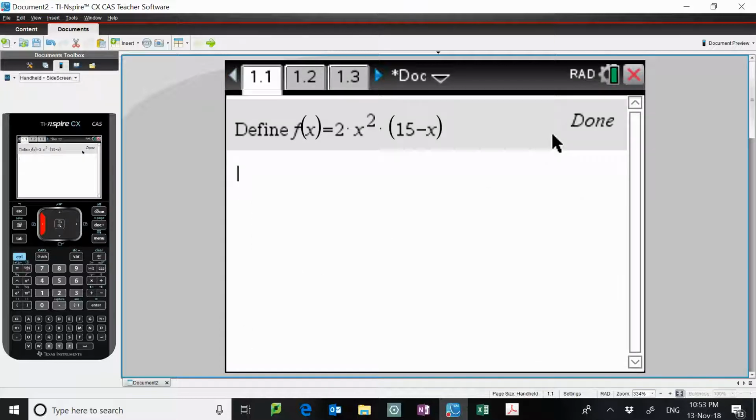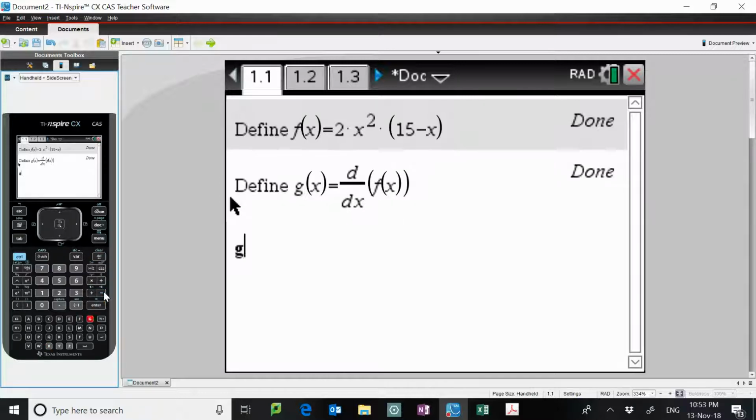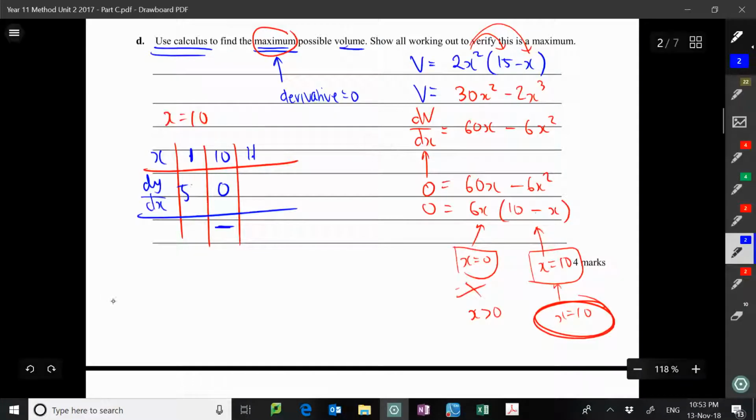Go back to my calculator, and I would say define. Actually, I would probably do derivative. So define g of x is equal to the derivative of f of x. Okay, and I'm going to try sub in 1 into the derivative. That's 54.